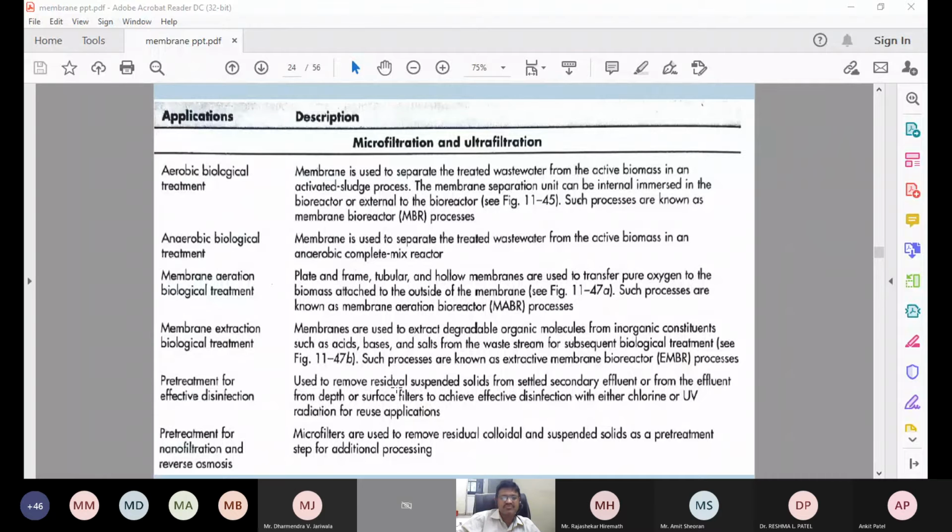So as a pre-treatment also we can use it. And I have already told that it is used as pre-treatment for nanofiltration and reverse osmosis. Before reverse osmosis and nanofiltration, we have to use this ultrafiltration or microfiltration. Otherwise, that will not work. The RO system will not work for much time if you do not use microfiltration or ultrafiltration before that.